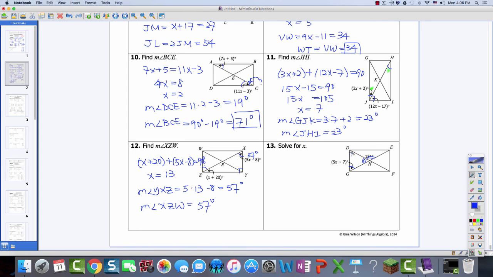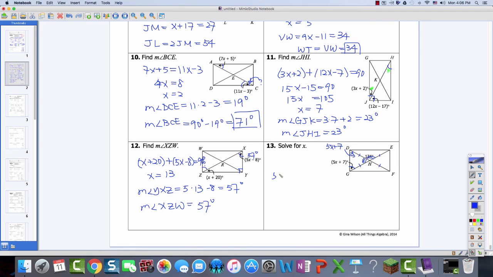And remember we talked about in a rectangle, the diagonals are bisected by each other, bisecting each other, and because they're also congruent, half of each diagonal are also congruent, and therefore these two sides are congruent and these two angles have to be congruent. So in other words, this angle is also 5x plus 7.